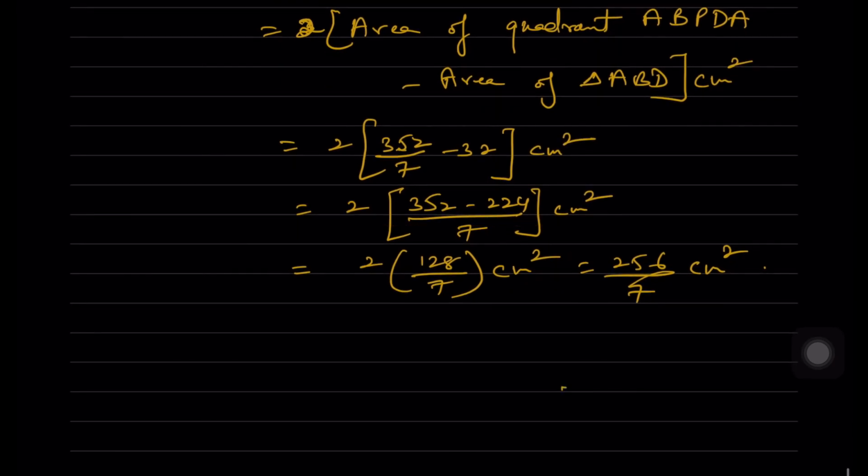So which is equal to 2 into 352 by 7 minus 32 centimeter square, which is equal to 2 into 352 minus 224 by 7, taking the LCM, which is equal to 2 into 128 by 7 centimeter square, which is equal to 256 by 7 centimeter square. Which is equal to 36.571 centimeter square.